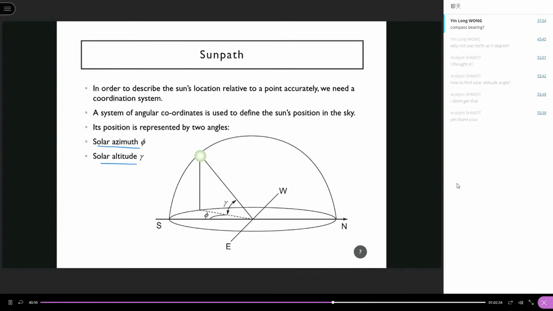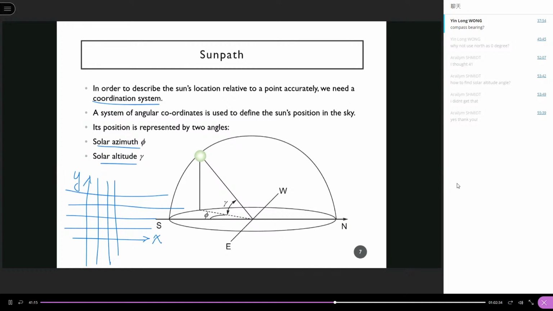So how to read? Remember, this is a coordinate system, right? For a coordinate system, we may have an x-axis and a y-axis, and we can draw some lines to represent it.